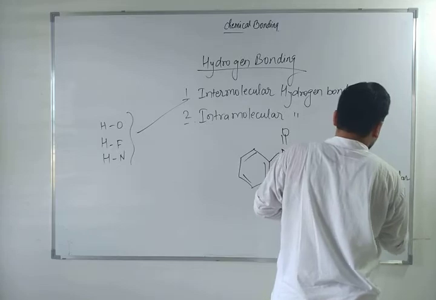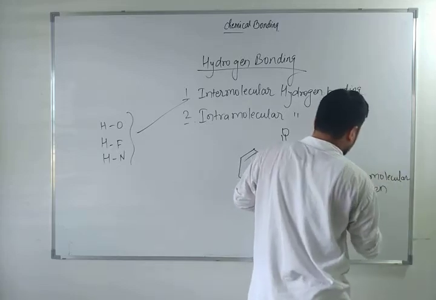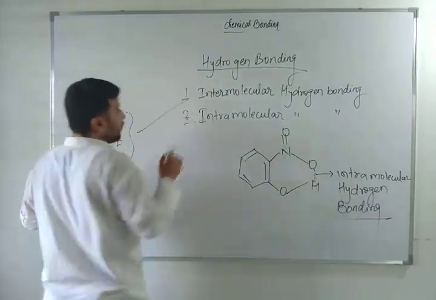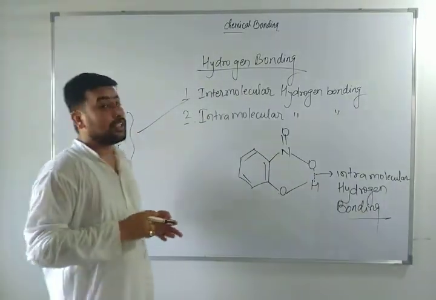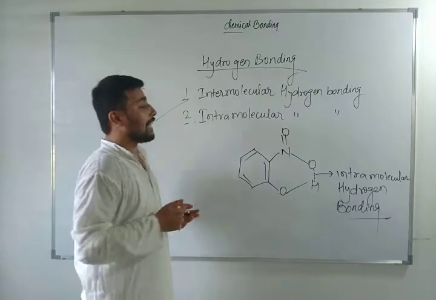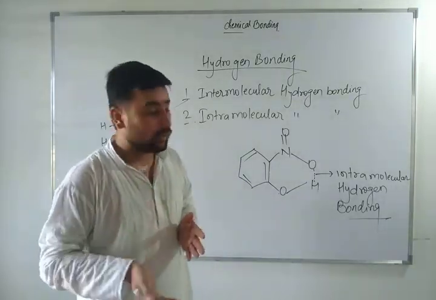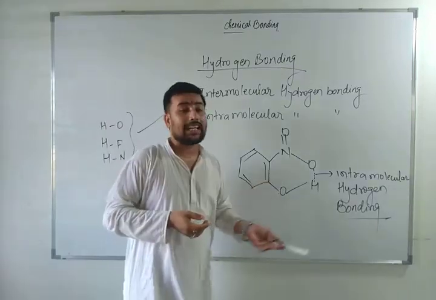Intramolecular hydrogen bonding. What is the meaning of this intramolecular hydrogen bonding? As I have already said about intermolecular hydrogen bonding, the conditions are: atomic size should be small, and second, it should have highly electronegative atoms. Here also the highly electronegative atoms.